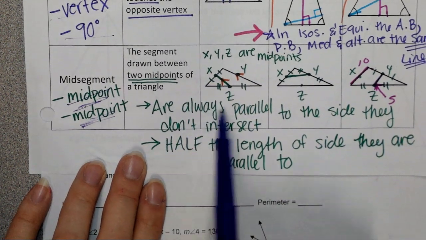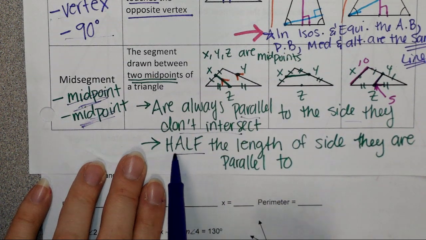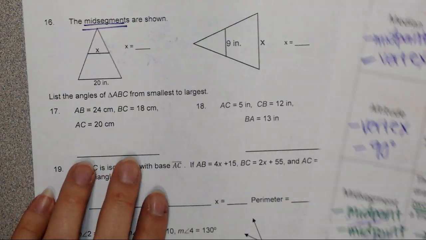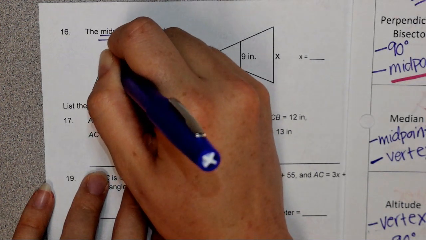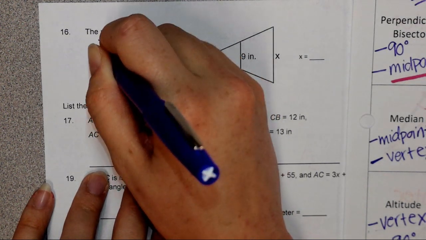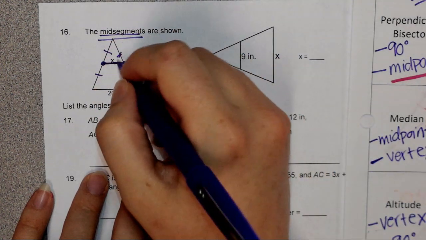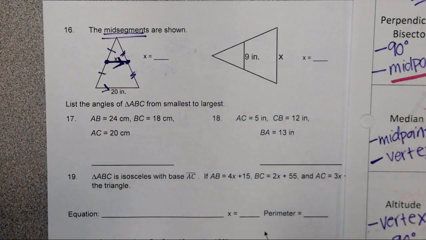Also, they're always parallel to the side that they don't intersect, and they're always half the length of the side they're parallel to. So for example, in this picture, here's our mid-segment, which means that those two sides are congruent, and this is going to be parallel to that 20 inches side.